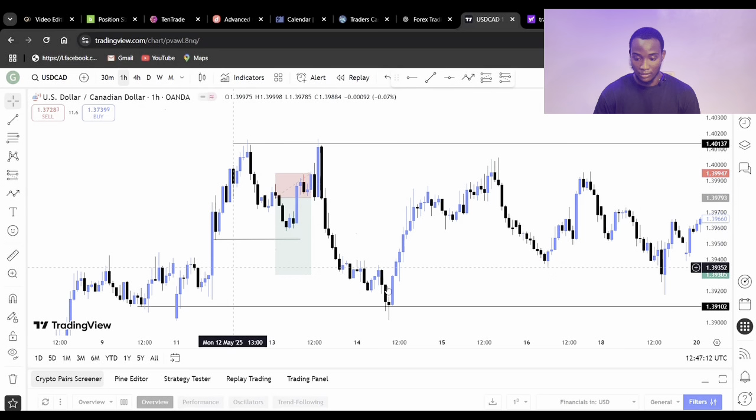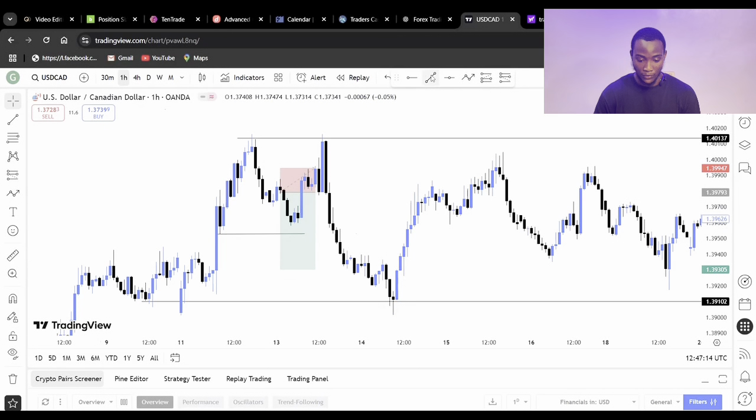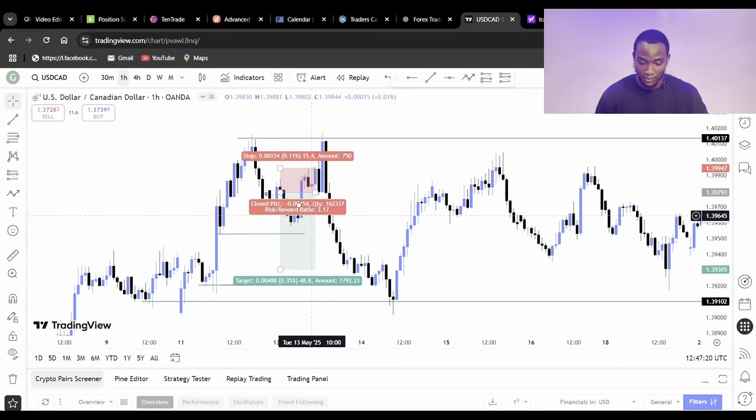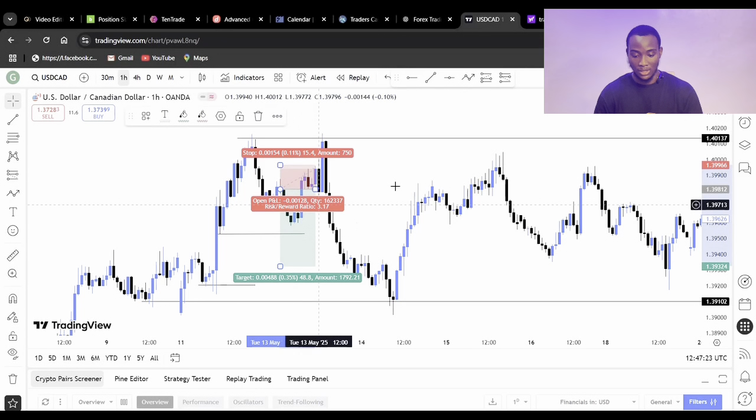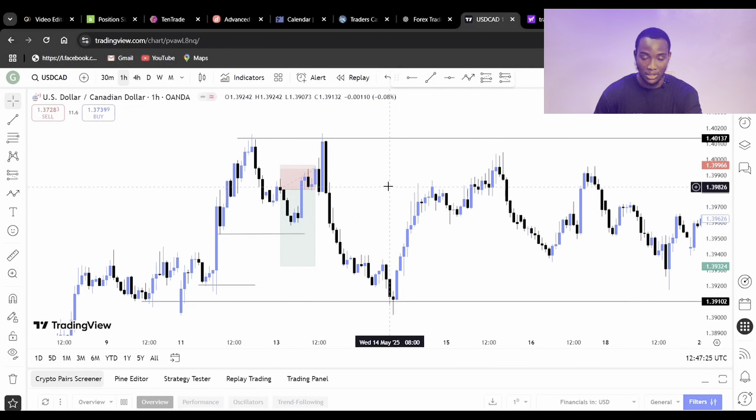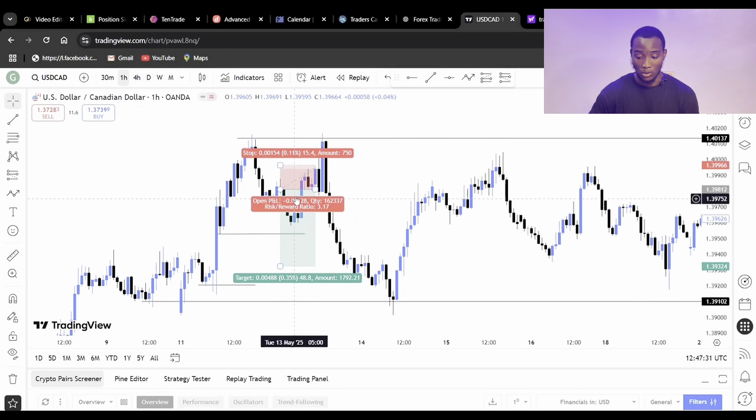All right. This can also be used as the previous zone. Okay. So we'll be targeting 1 is to 3, as easy as that. So this would have been a loss. You understand? So let's continue moving.